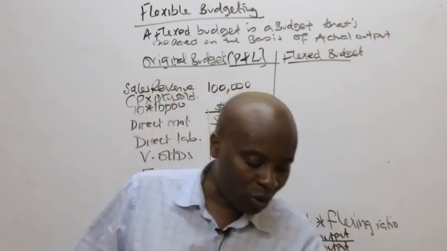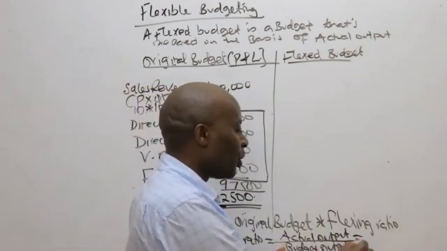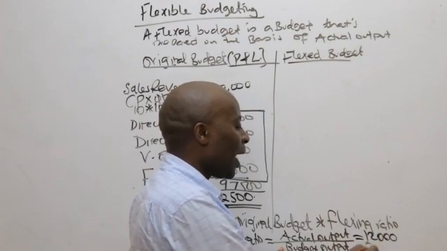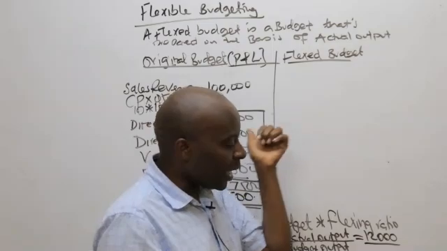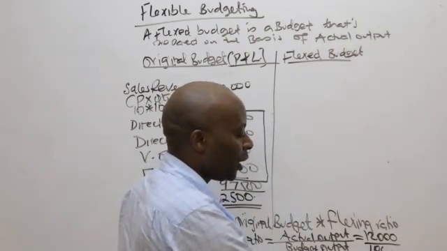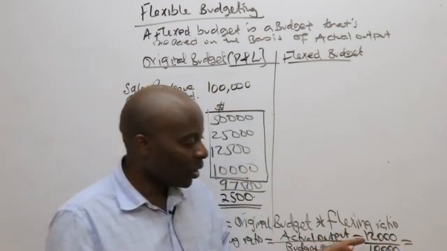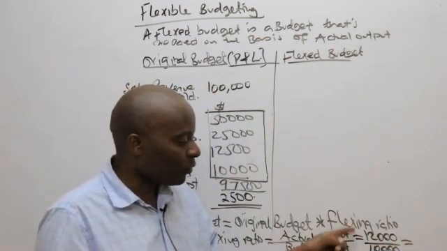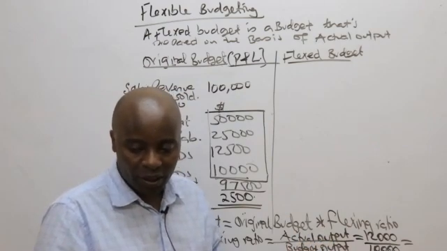Meaning that the actual output is 12,000 and the budgeted output was 10,000 units. So could you kindly give us the flexing ratio? What is 12,000 divided by 10,000?